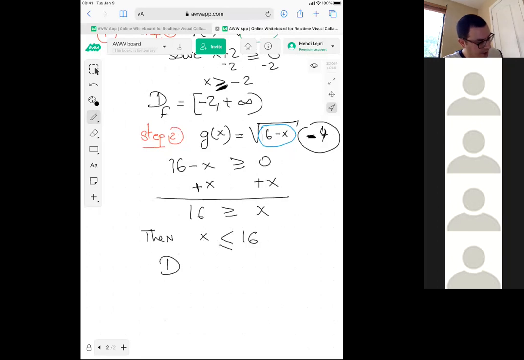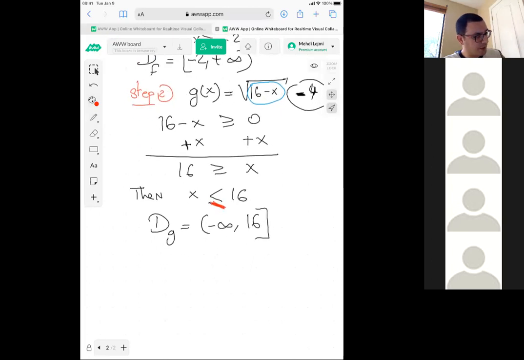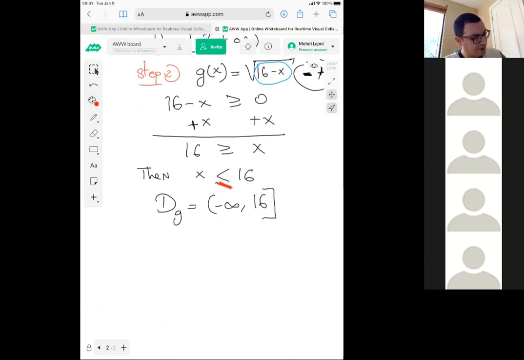So the domain of G would be any number on the left side of 16. So it's negative infinity, which is always excluded, and then 16 included, because your x can be equal to 16.